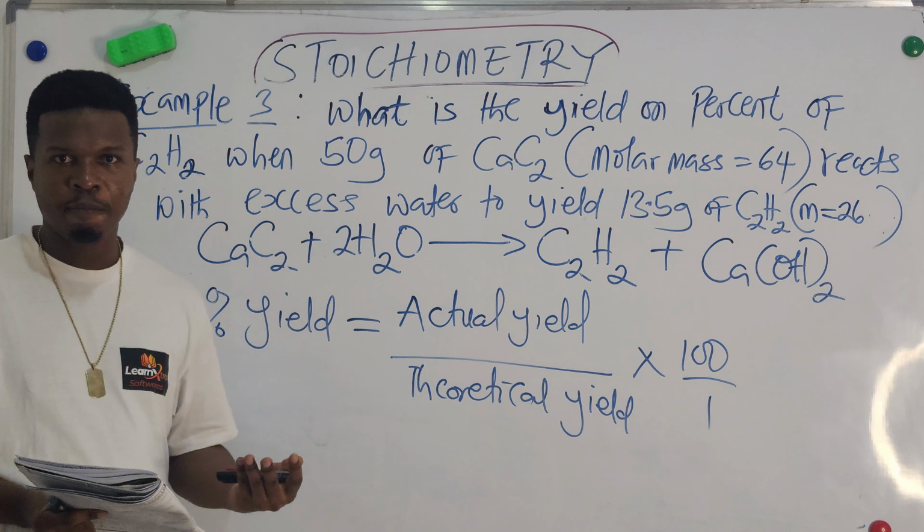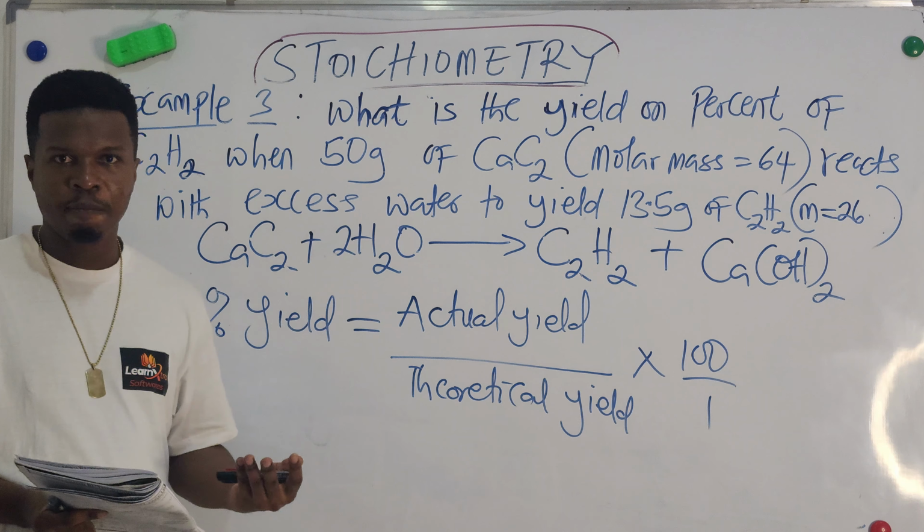Because there could be factors that we did not consider in the theoretical yield that could limit the production of the actual yield. So normally, actual yield is lesser than the theoretical yield.